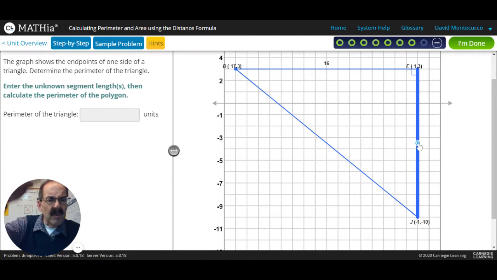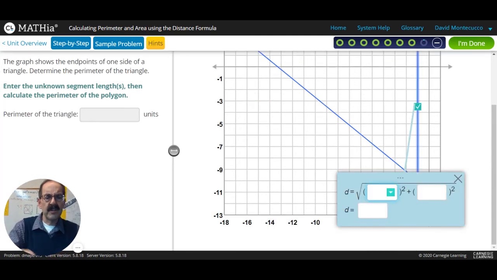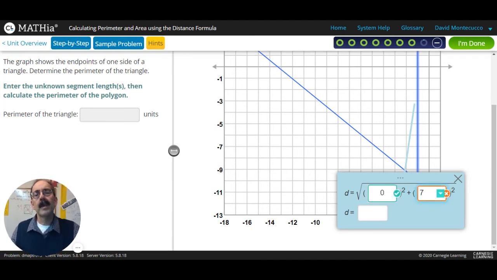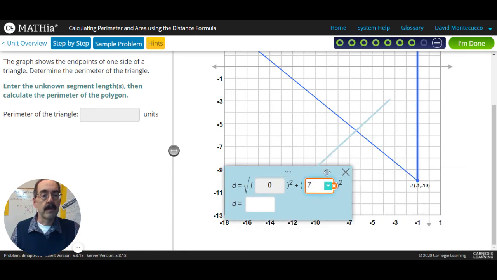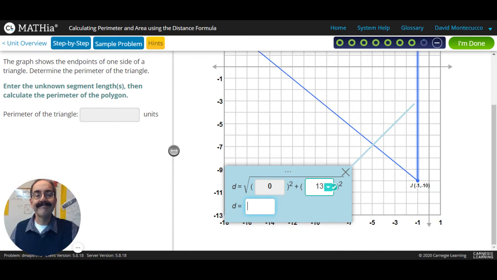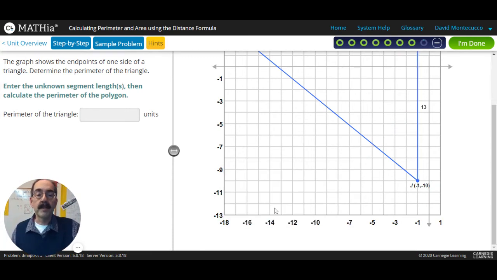And we'll try the side one, 0, 7, 0 squared, 7 squared. 7 squared is 49. Take the square root of 49. What did I do? Oh, 13 units. That's a positive 3 up there. Okay, my bad. Okay, and 13 squared is 169. Take the square root back to 13.